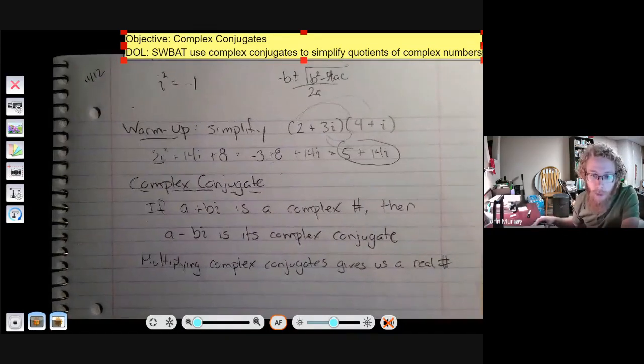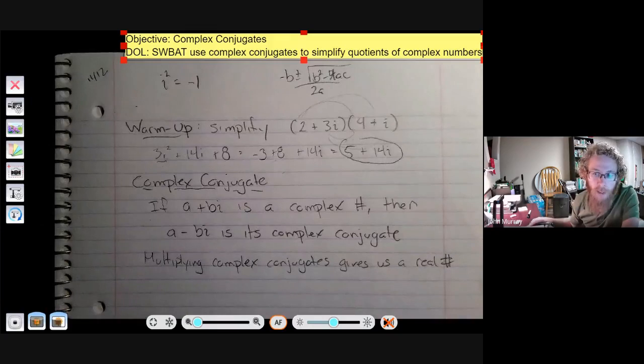Okay. And like I said before, what's nice is anytime we multiply complex conjugates, it'll give us a real number.